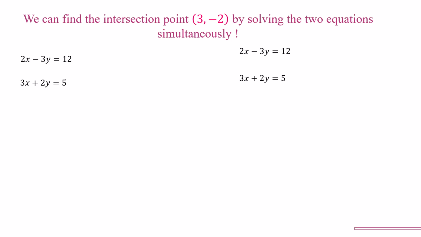Right, so I'm going to multiply every term in the first equation by 3, so that I end up getting 6x minus 9y equals 36. And for the second equation, I'm going to multiply every term by 2.